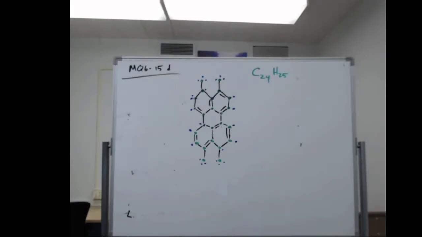Oh, empirical formula. Yeah, we can look at the empirical formula as well. I want to just look something up real quick. I'm curious in terms of what we have here, C24H25. So I'm going to put that into Google. Google does a really good job of coming up with these weird structures when you Google search for them.